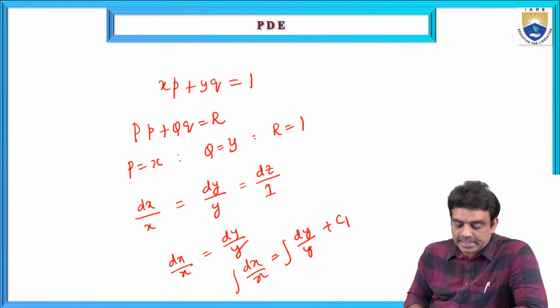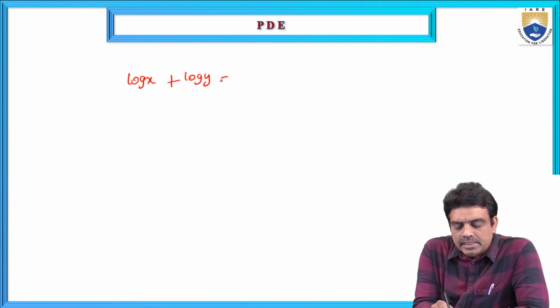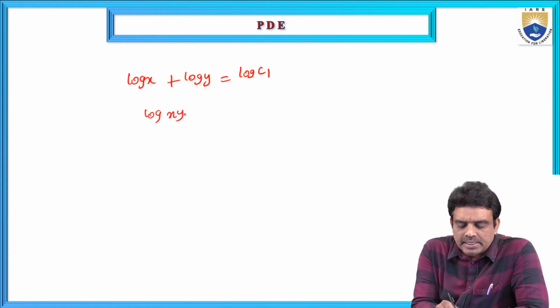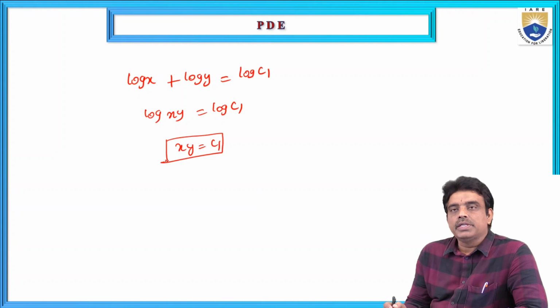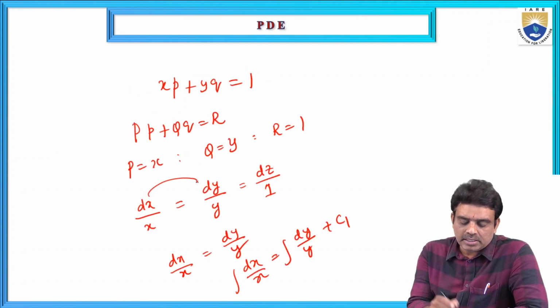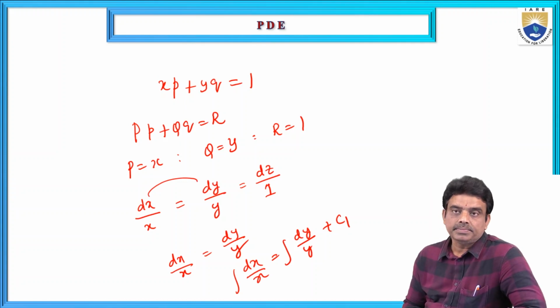Or log x plus log y is equal to log C1, or log xy is equal to log C1, or xy is equal to C1. It is the solution of the first and second relations.